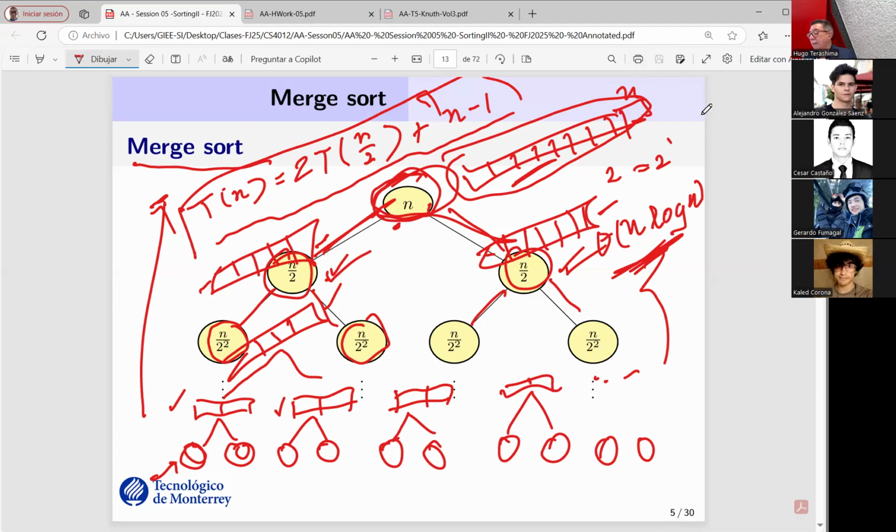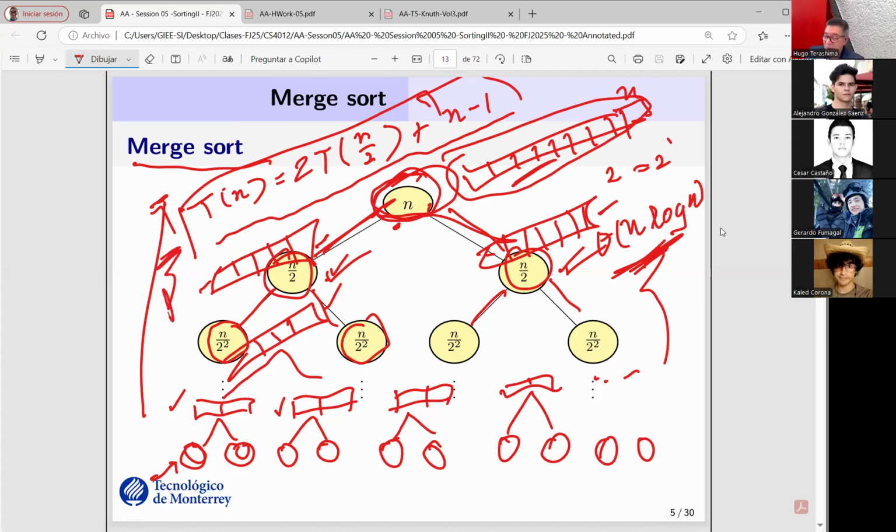If we know that the depth for divide and conquer is around log n, and we know that at each level the amount of operations is n, can we simplify by n log n? Intuitively, you can say that, and that is correct. But if you want to be more formal about it, you have to do all this process. But you're right.